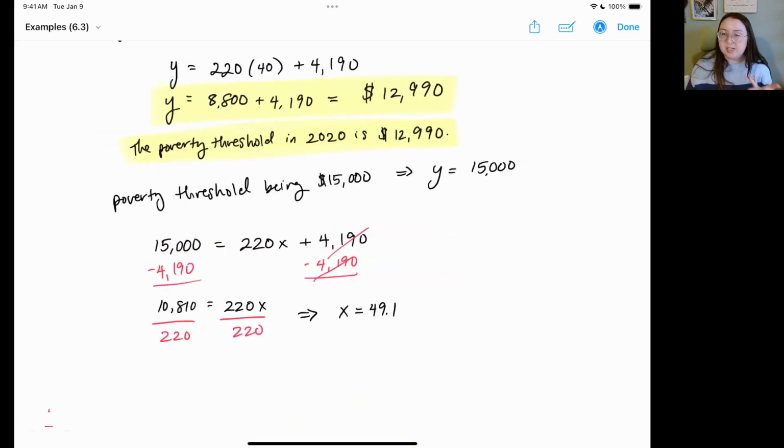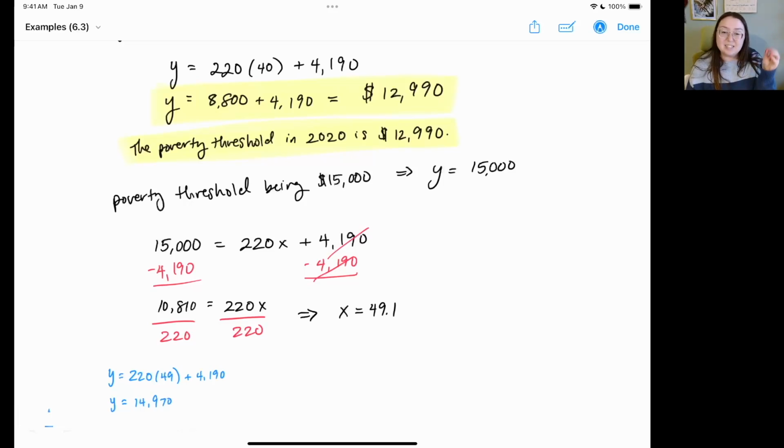If we use the year 49, we can write this off to the side. Let's maybe choose a different color. We would say that y is equal to 220 times 49 plus 4,190. If we use a calculator to plug this in, we would get $14,970.